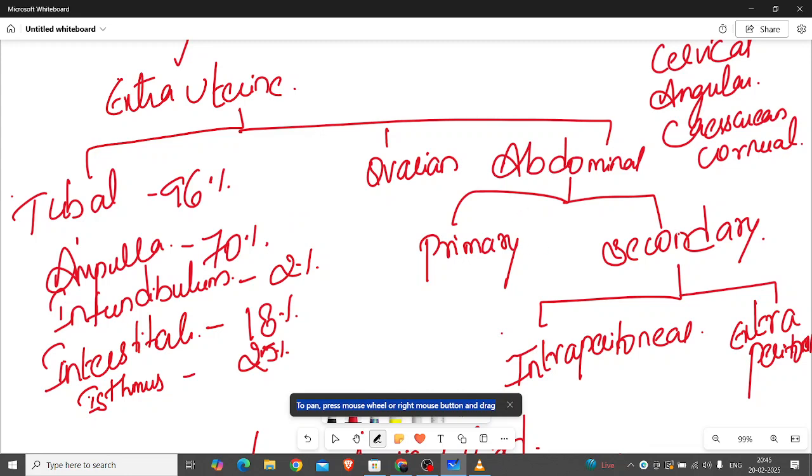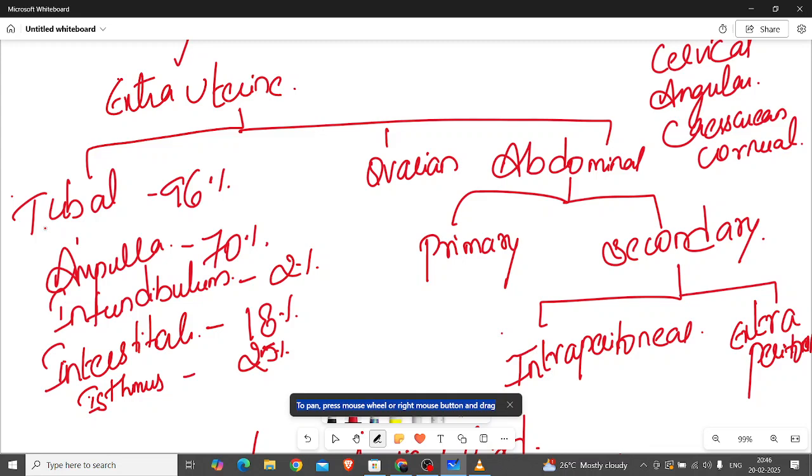Abdominal is mainly subdivided into primary and secondary. In case of secondary it may be intraperitoneal or extraperitoneal, means inside the peritoneal cavity or outside the peritoneum. Especially in case of the broad ligament we can identify this extraperitoneal pregnancy.